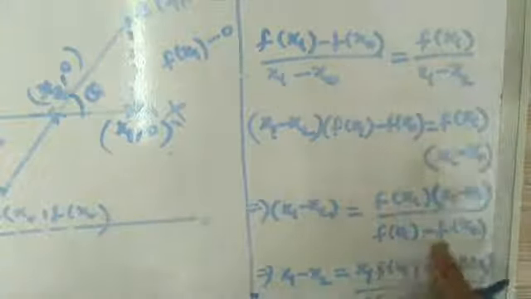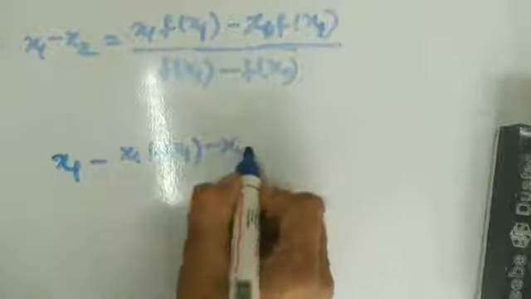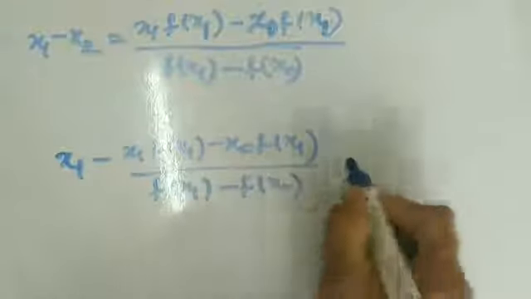In the next step, we write x1 minus x1 f of x1 minus x naught f of x1, divided by f of x1 minus f of x naught, which is equal to x2.